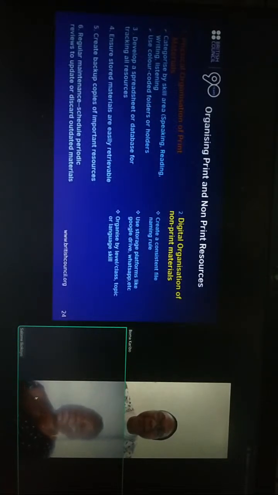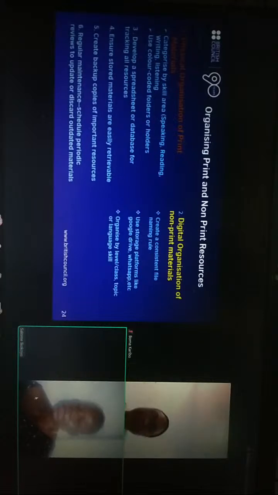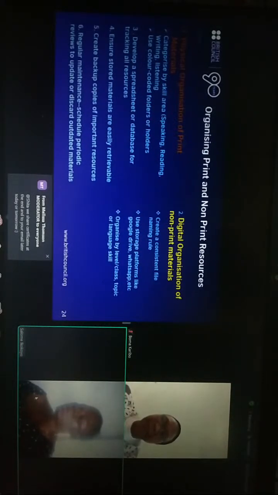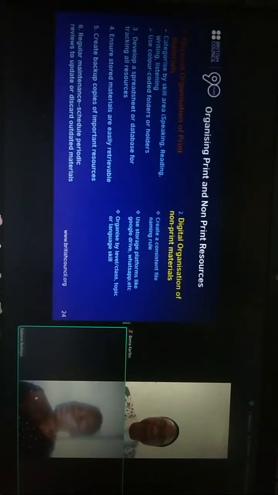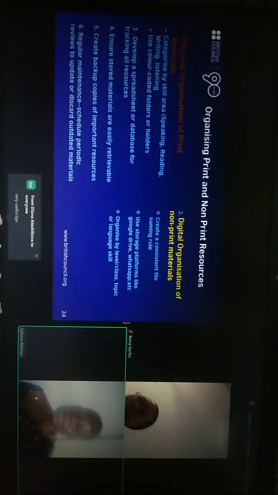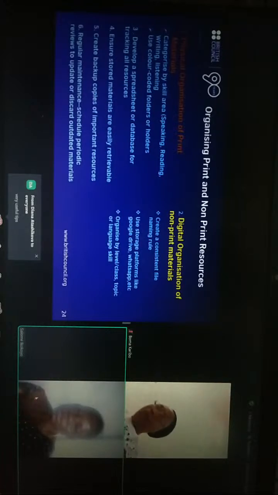Doing this will keep us up to date and make it easier to access our materials. We know when something is no longer okay to use, and so on. That helps us to manage our resources.